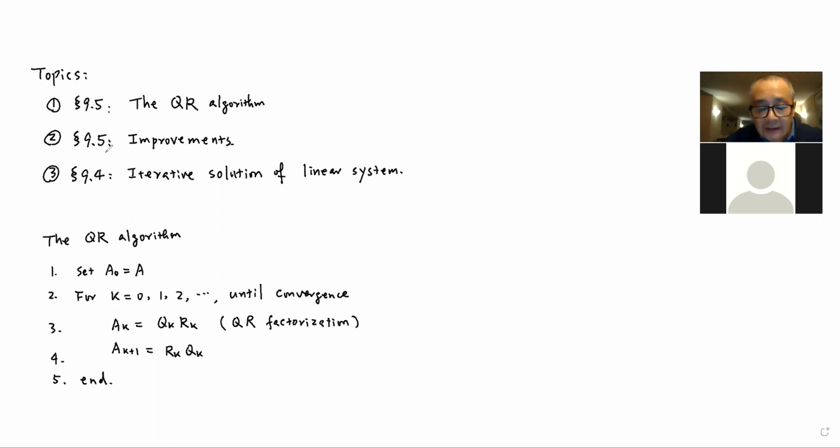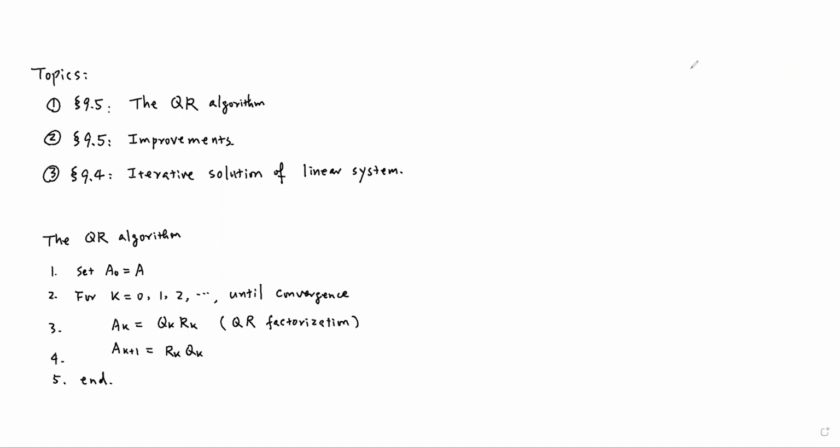Three topics today. Topic 1, still QR factorization. Still the QR algorithm. This algorithm finds all the eigenvalues of a matrix simultaneously. In practice, this algorithm is not perfect.